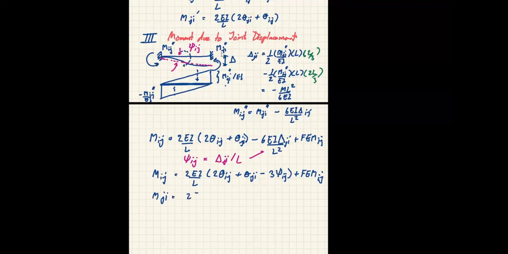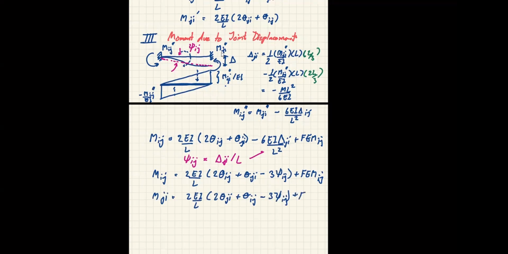It's going to be 2EI over L, 2 zeta ji instead of ij, plus zeta ij, minus 3 psi ij, plus FEM ji.